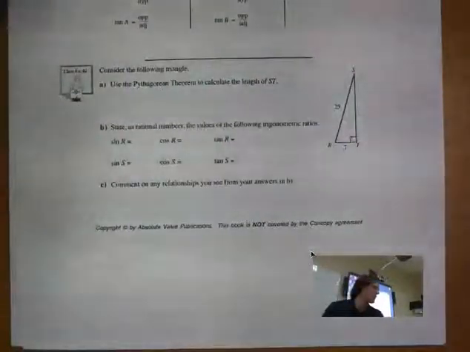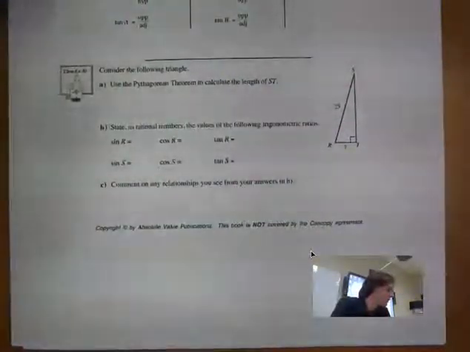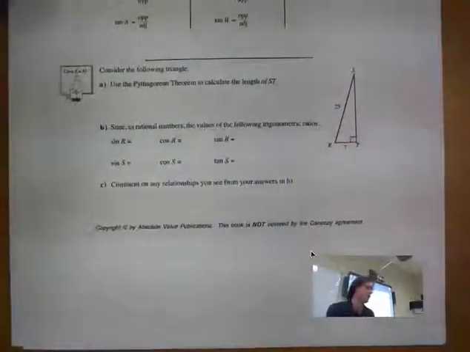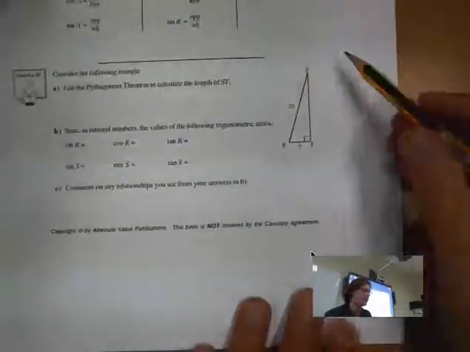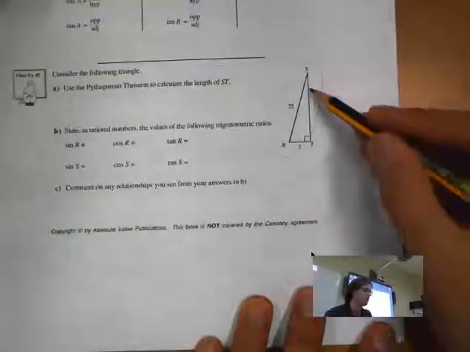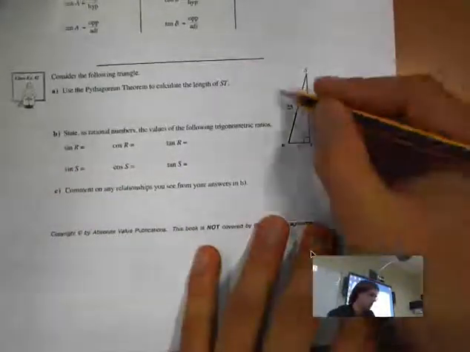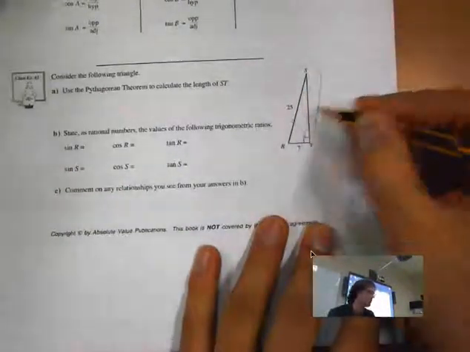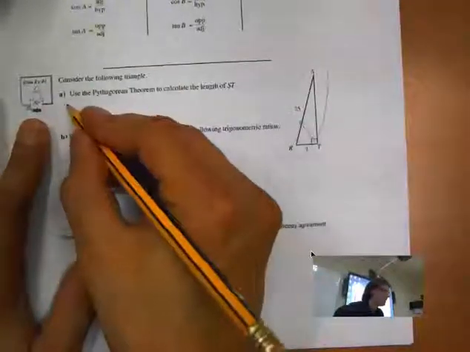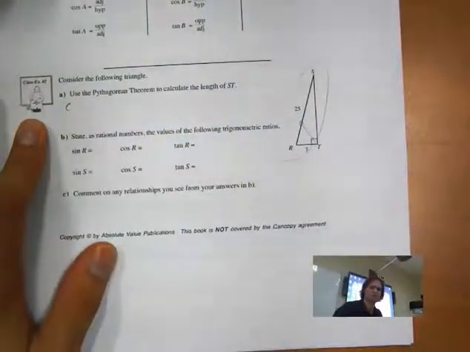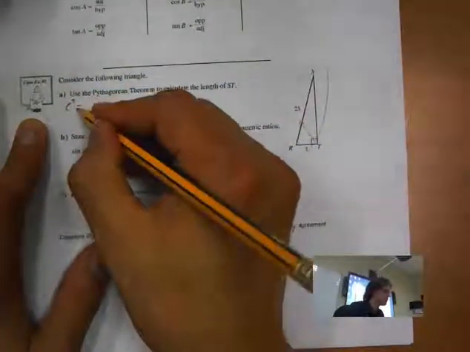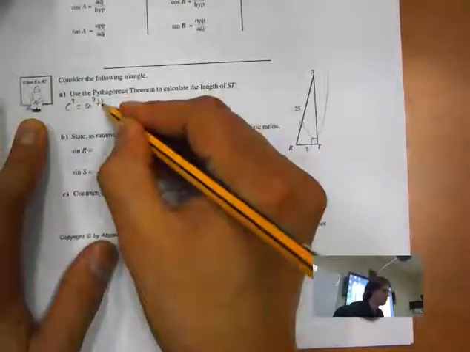Here we go. We're going to use the Pythagorean theorem to calculate the length of ST. We're given our triangle right here. The problem is we do not know ST. Where is my hypotenuse? 25 is my hypotenuse because it's opposite the right angle. The Pythagorean theorem is c squared is equal to a squared plus b squared.